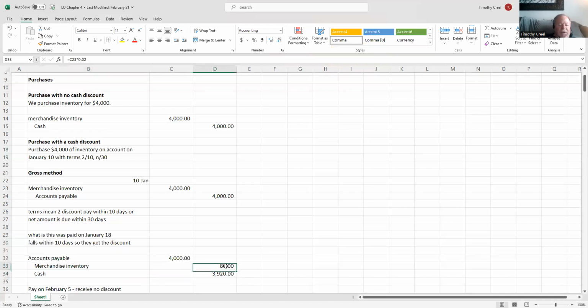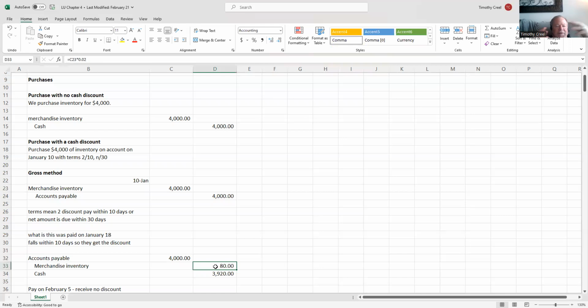Now, notice the credit to merchandise inventory represents the discount. How we got that, if you see my formula up here, is I took the amount that we paid for the inventory times 2%, and that is $80. Why am I crediting merchandise inventory with this entry?